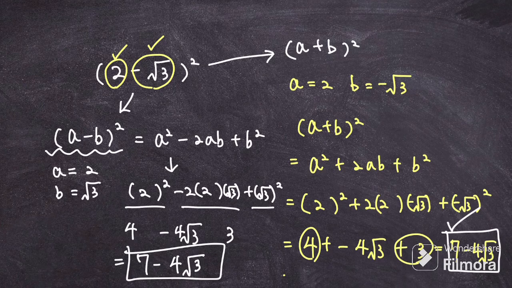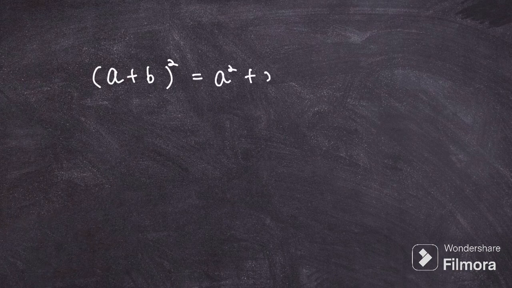Now, I'm just going to give you a summary and then a little more challenging question in the end. So the summary is a plus b squared is equal to a squared plus 2ab plus b squared. Once you get to know this, you will use this throughout your high school, college, and even your grad school.